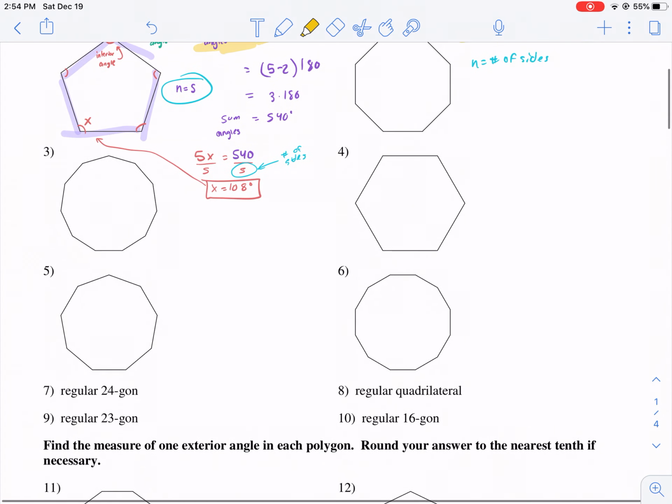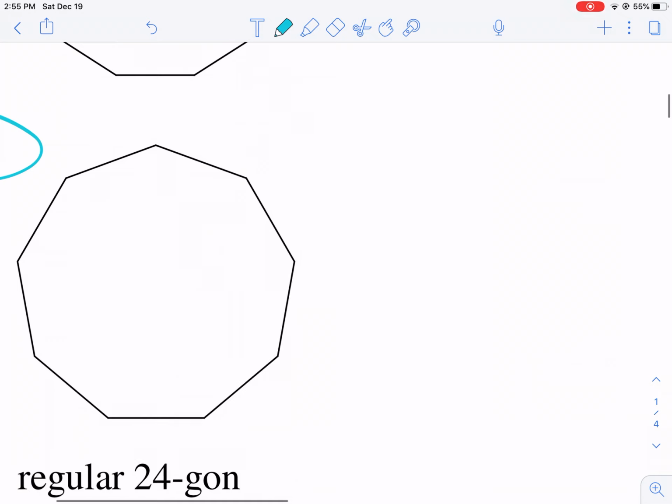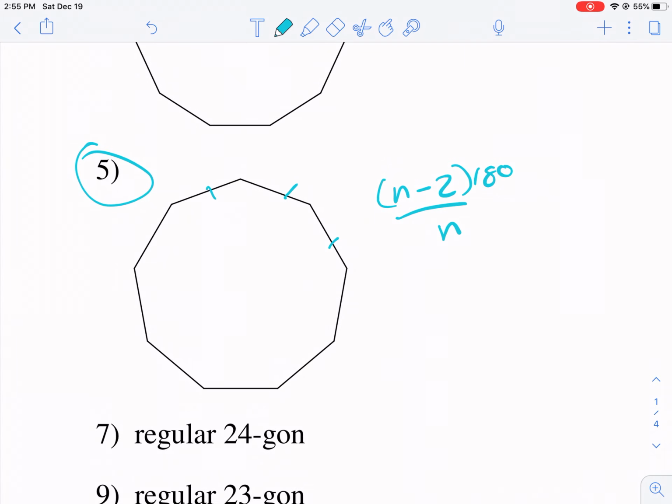Now, we can easily apply it to any of these. If we're looking for number 5, for example, you use the same formula each time: n minus 2 times 180 divided by n. In this case, we have 1, 2, 3, 4, 5, 6, 7, 8, 9 sides. n equals 9. We plug that in: 9 minus 2 times 180 divided by 9, that's 7 times 180 divided by 9.